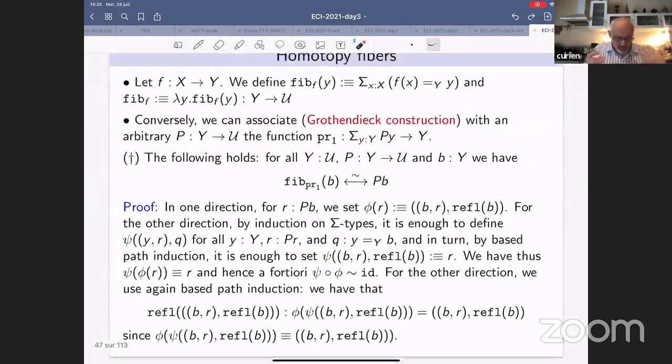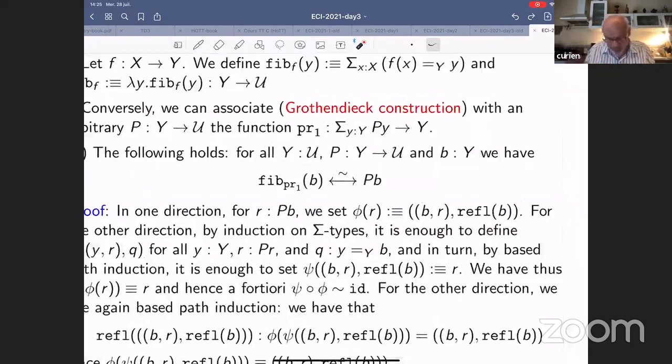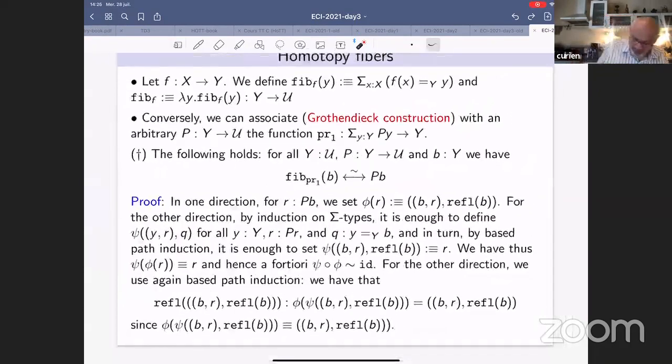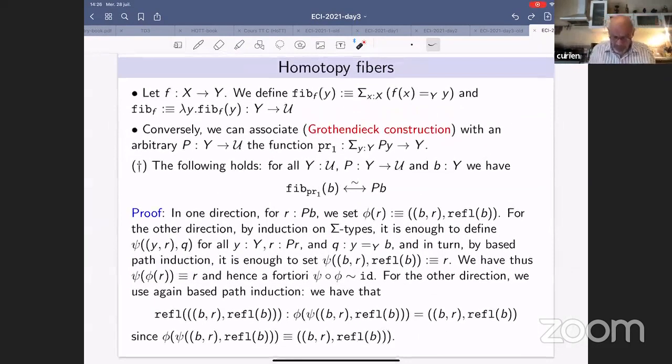Now we proceed to the proof of this goal. We need some preliminary lemmas in order to prove this theorem. The first one is this property dagger.